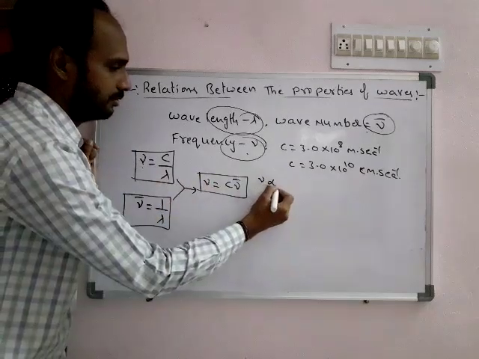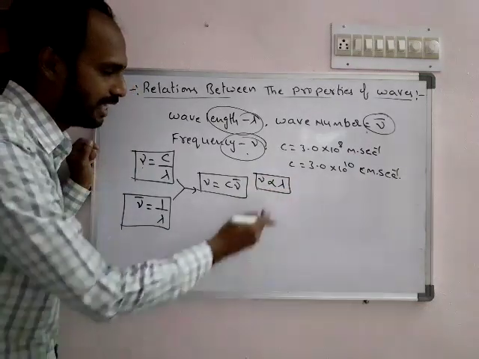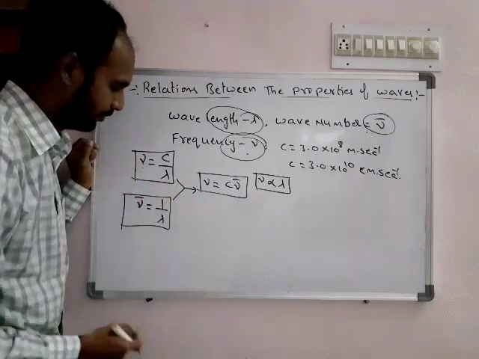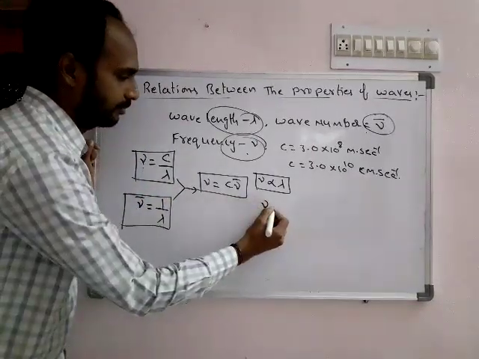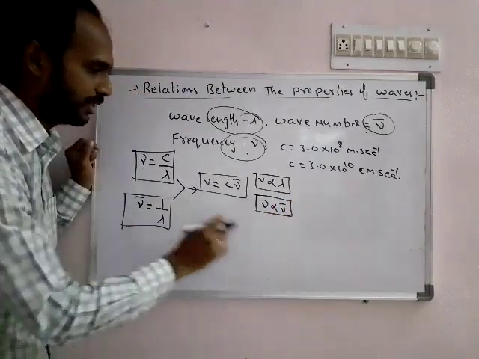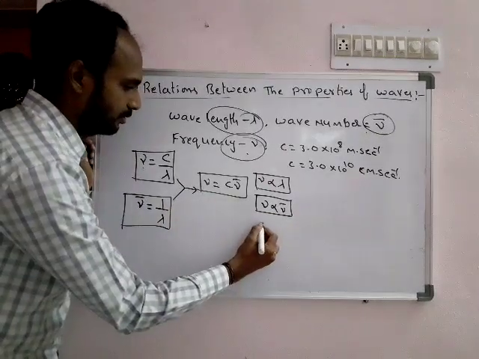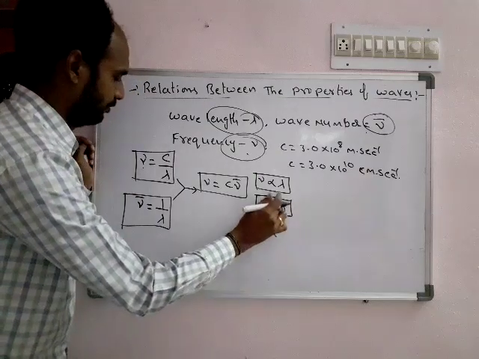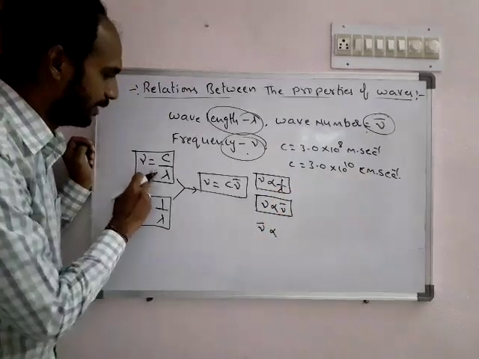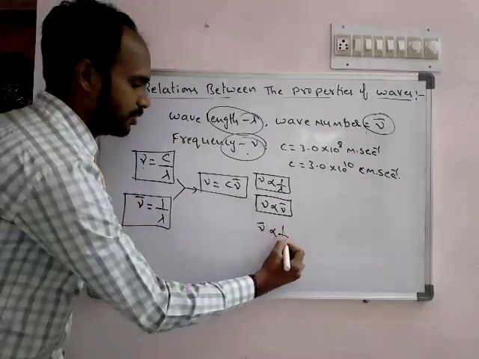With the help of these relations we got this equation. So nu is inversely proportional to lambda, nu is directly proportional to nu bar, and nu bar is inversely proportional to lambda.